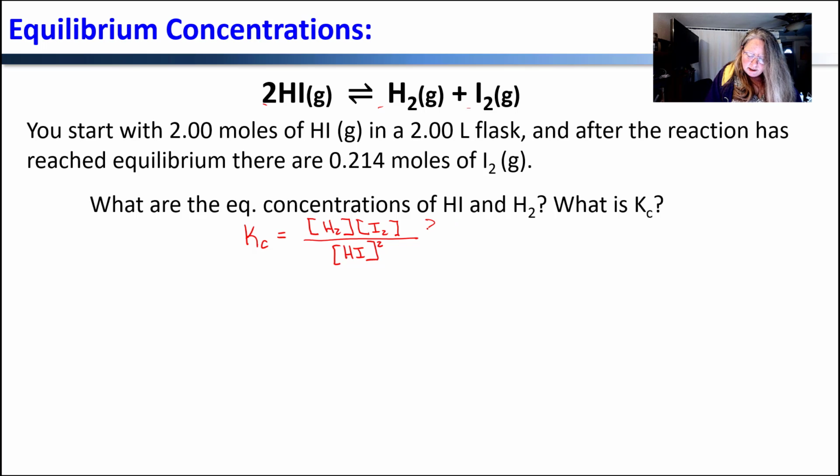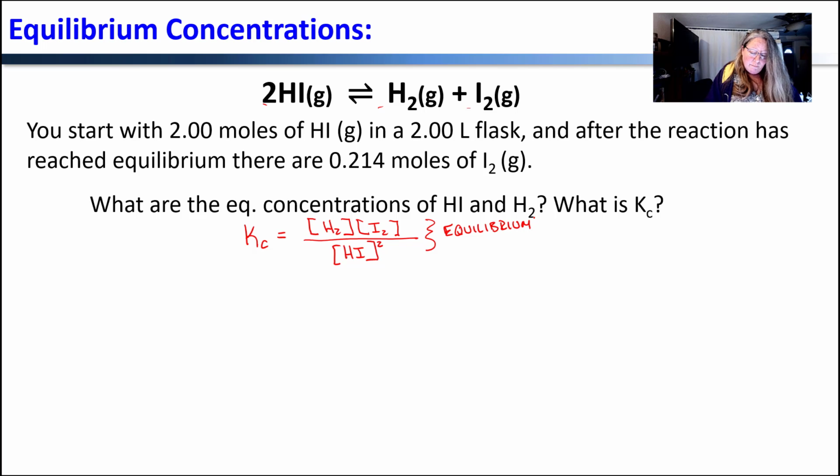I want to remind you, though, that this is at equilibrium. So that initial concentration only helps us figure out how much it changed by, or what our final concentration is of the HI at the end when we're at equilibrium. Other than that, we're not going to use that to determine how much of the H2 or I2 we have.